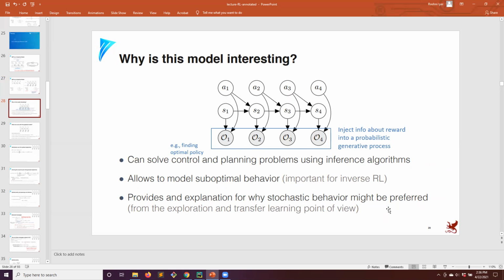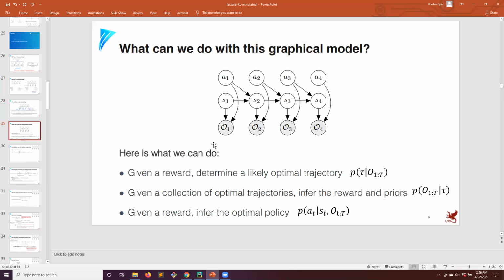Okay, so we just talked about this part. What can we do with this kind of diagram? First, if we are given a reward, we are able to determine a likely optimal trajectory. All of these things we will be talking about in future slides, but it's represented like this.